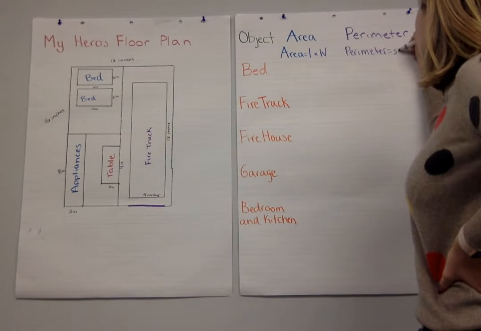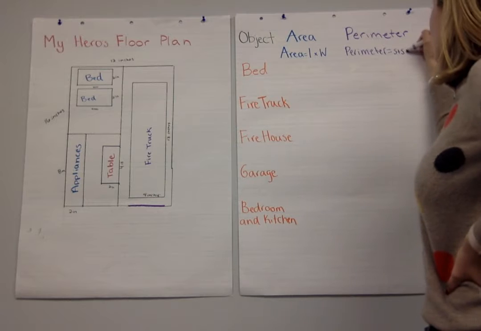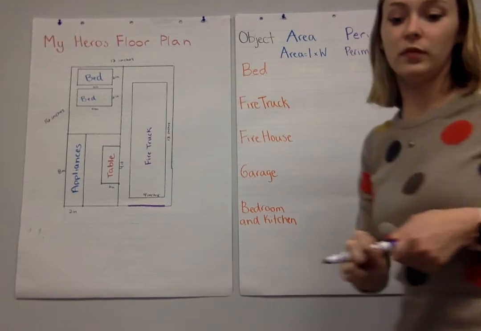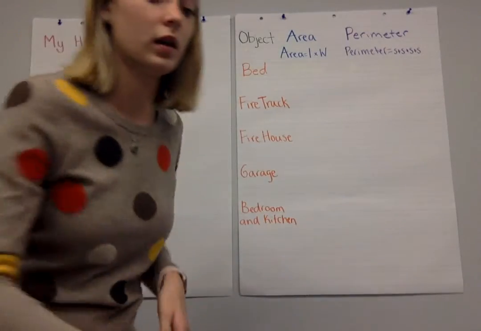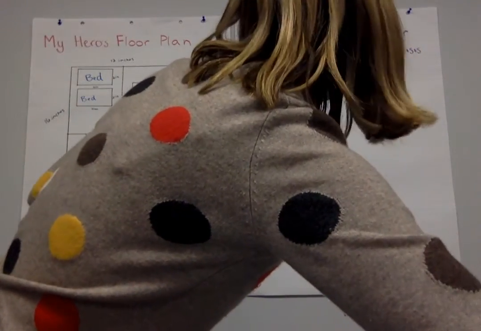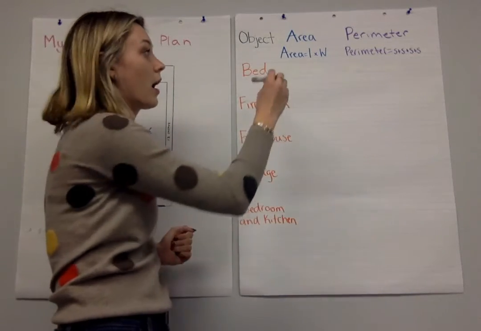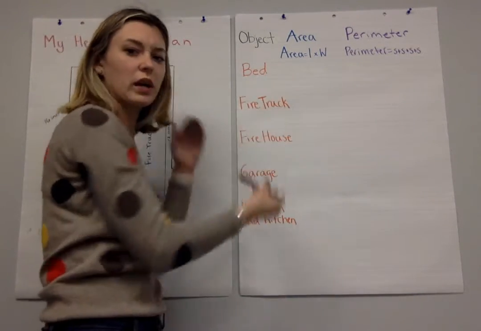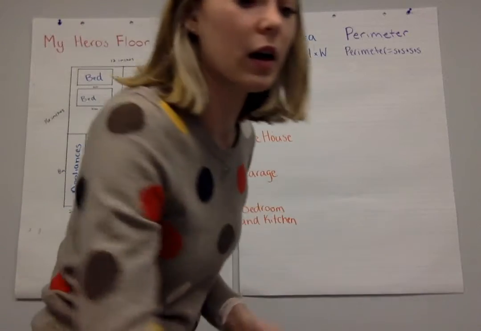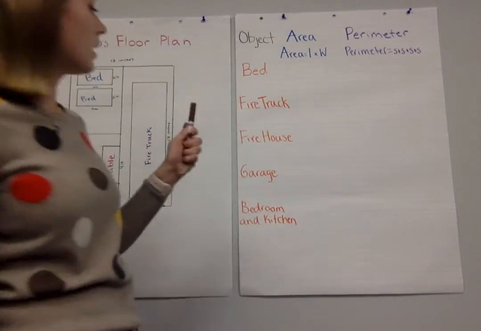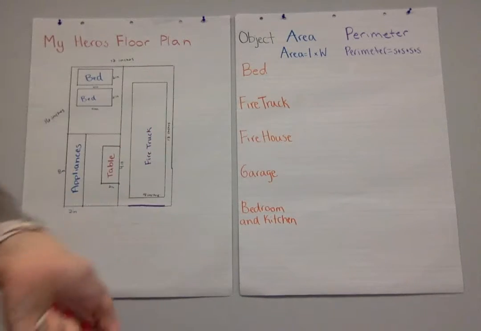Side plus side plus side plus side. Very good. Now I'm going to use different colors to write out what the area and perimeter is, just so we don't get confused and mix up our lines. I'm going to use black and brown just to switch through.